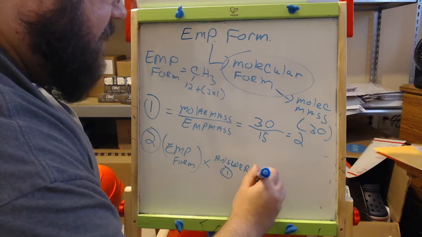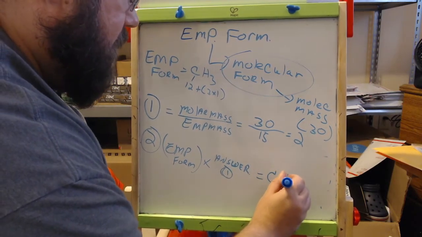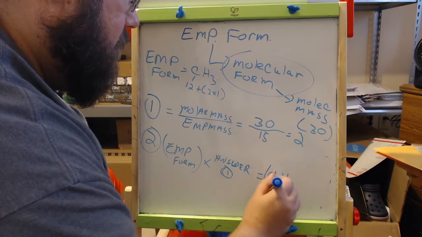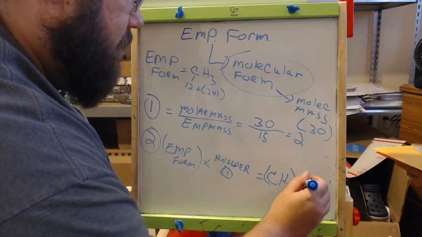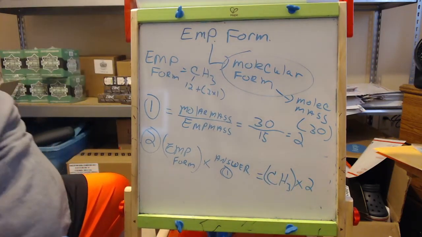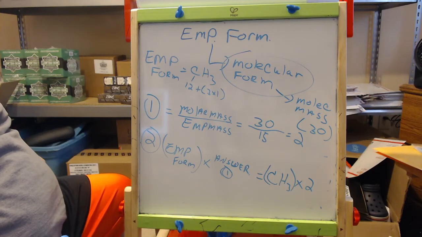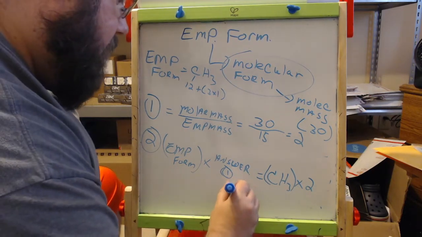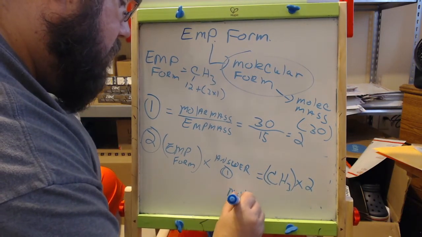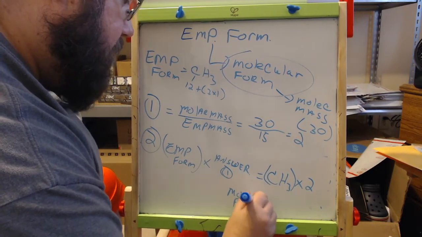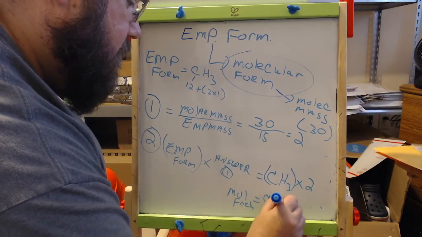So, in our case here, we take CH3 and multiply it by 2. And our molecular formula would then be C2H6.